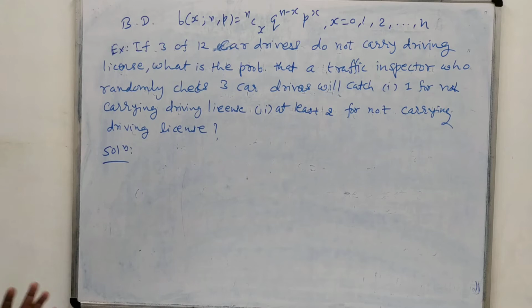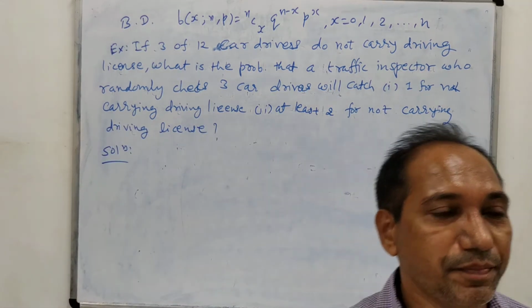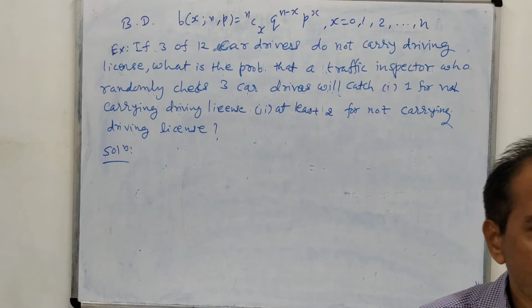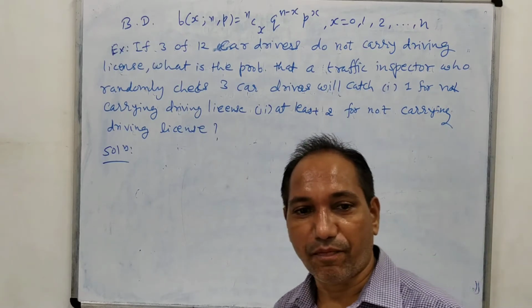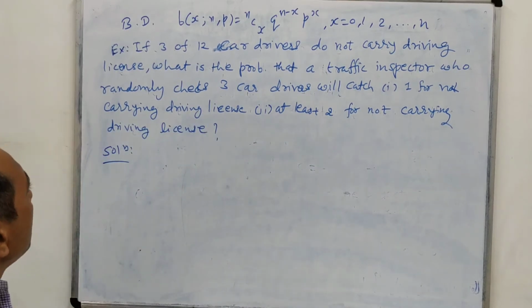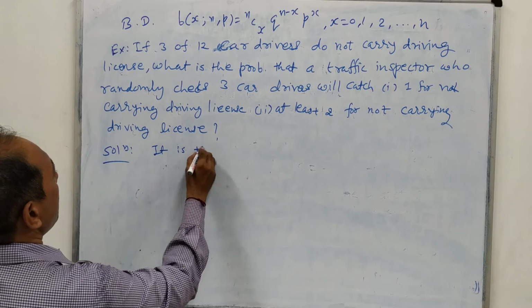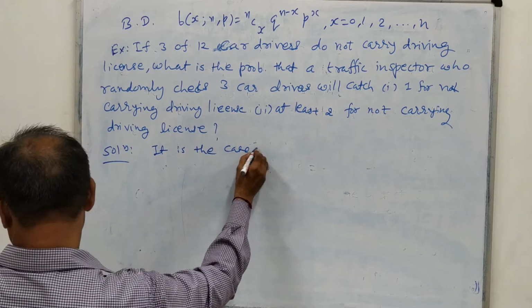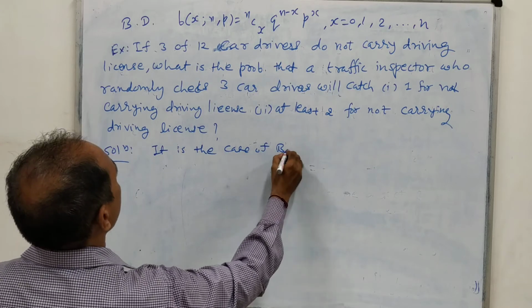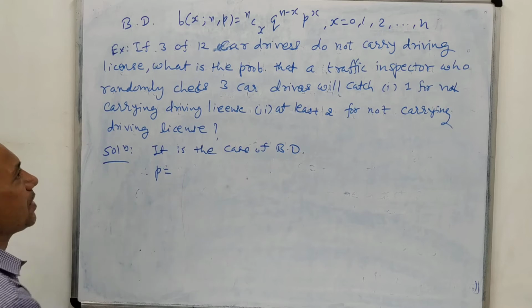So in binomial distribution, you know, we require small n and p probability. If p is known, then q can be determined very easily. So as usual, you write down that it is the case of binomial distribution.